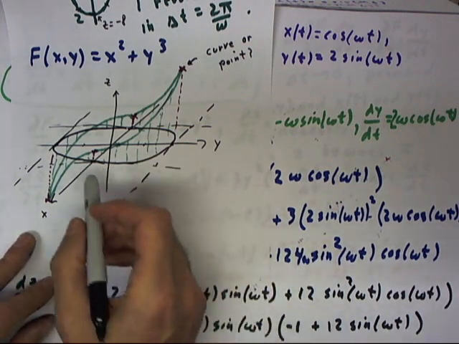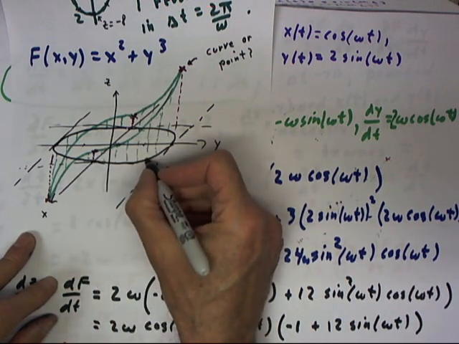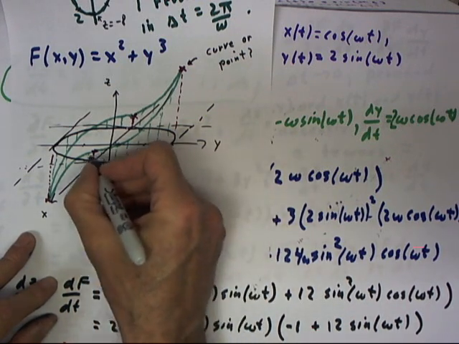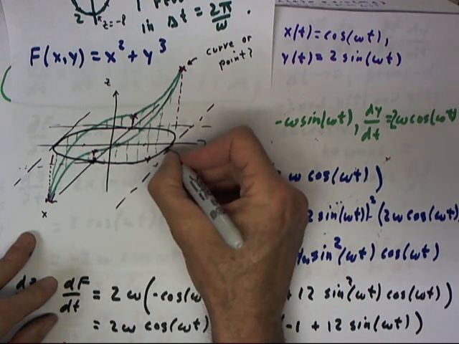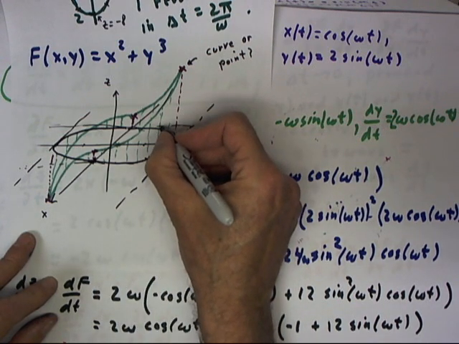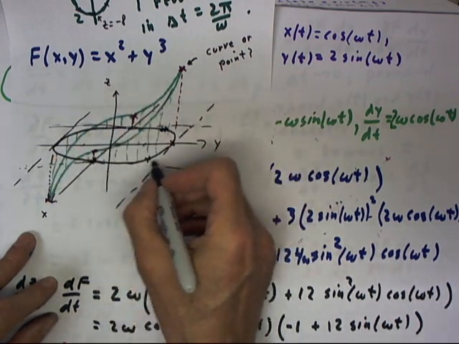Actually, let's go ahead and mark off the equal time intervals. Okay, so we're taking equal time to get from here to here, and then the same time to get from here to here, and then here back to here, and so forth.